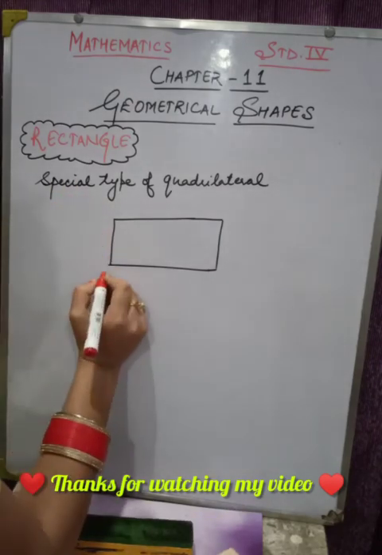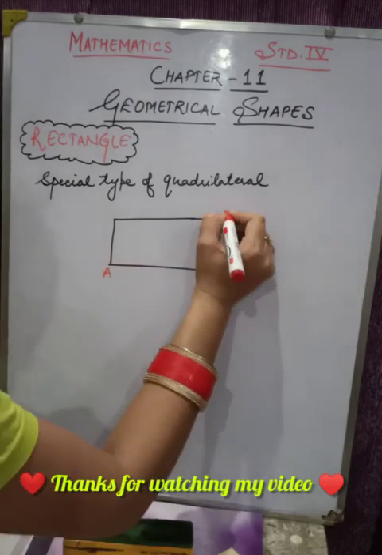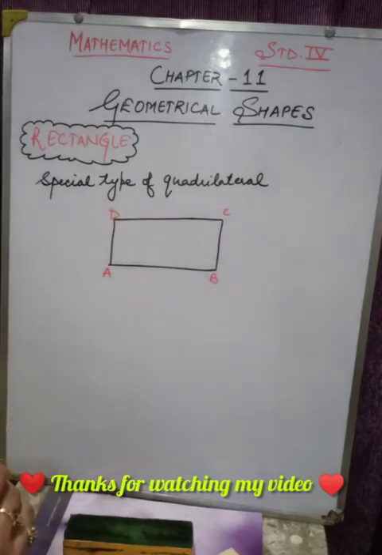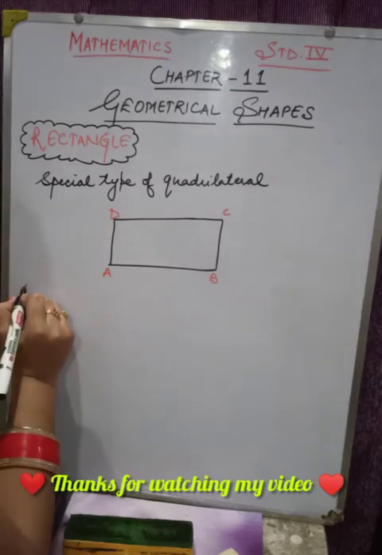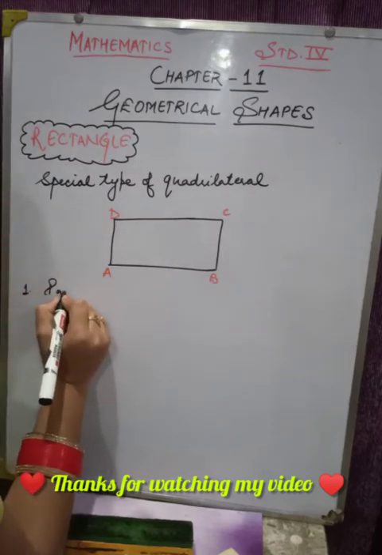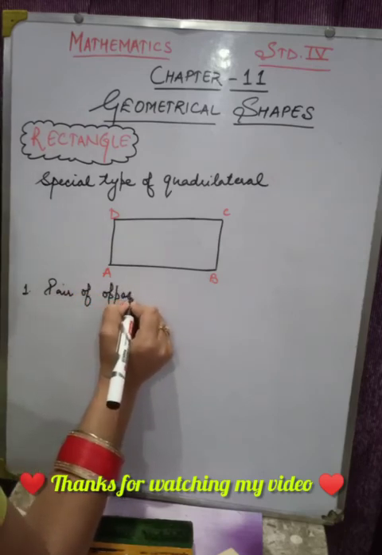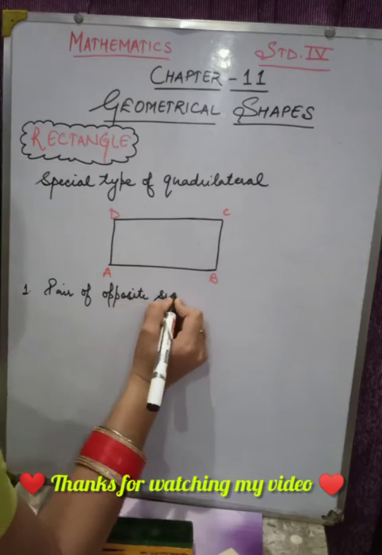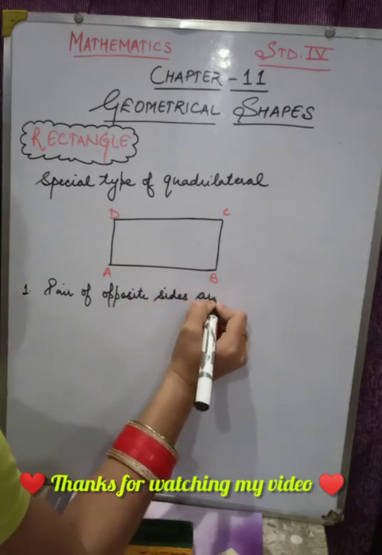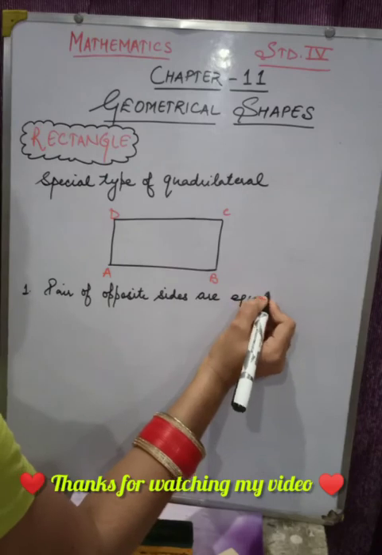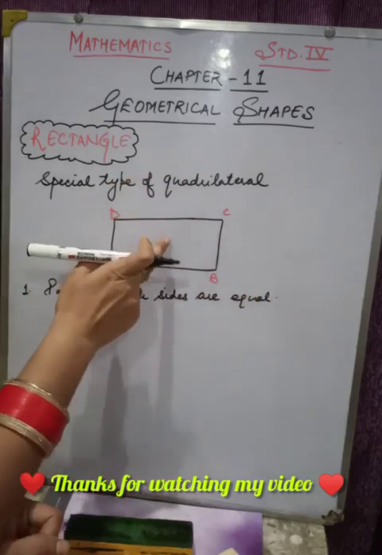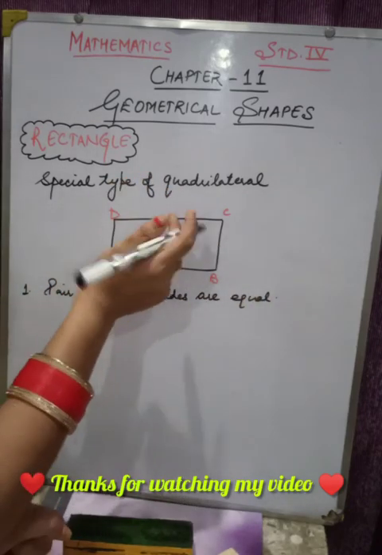Let me first write down the names of this rectangle: A, B, C and D. So the first property is that the pair of opposite sides are equal. These two are opposite to each other, so they are equal.